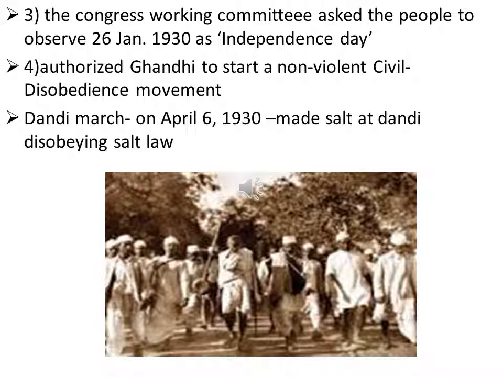So please keep in mind that it is the Lahore session of 1929 which authorized Gandhi to start the civil disobedience movement. And the civil disobedience movement was started with Gandhi's famous Dandi march from 12th March to 6th April. Gandhi made salt at Dandi, disobeying the salt law.